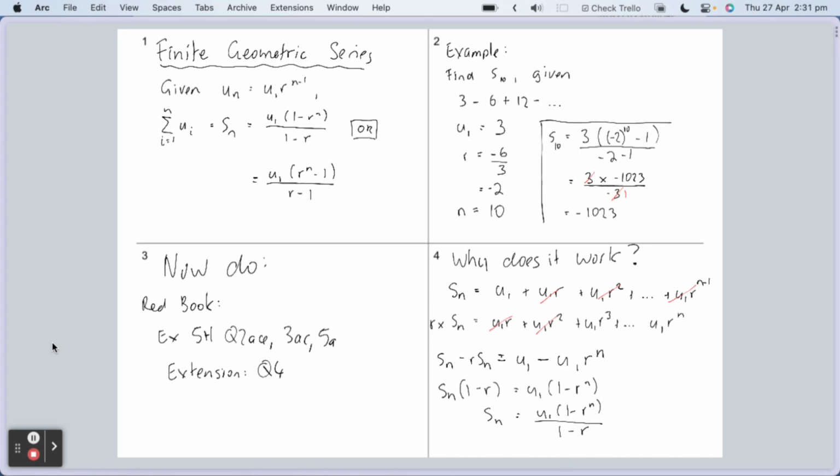By the way, for all of this to work, what can't the common ratio be? Oh, 0 makes for a boring sequence, but technically you could do that and it still would work. 1, yeah. Why can't it be 1, Maddie? It'd be boring, but that's not the reason why it doesn't work for this series formula.